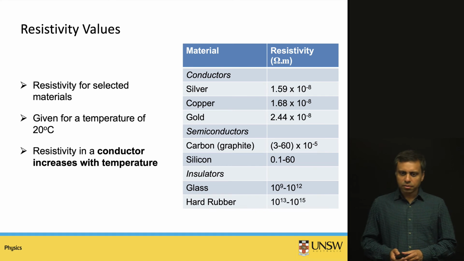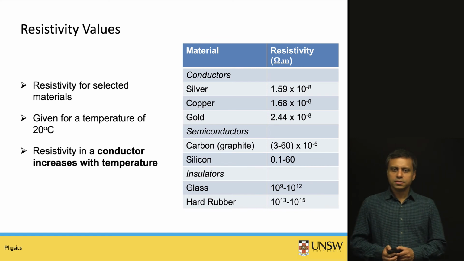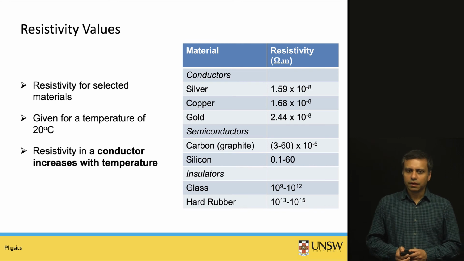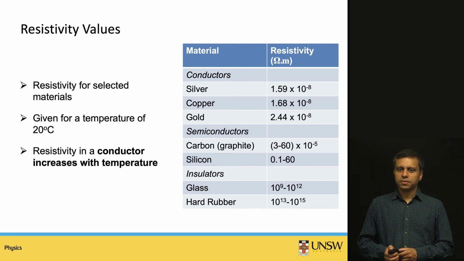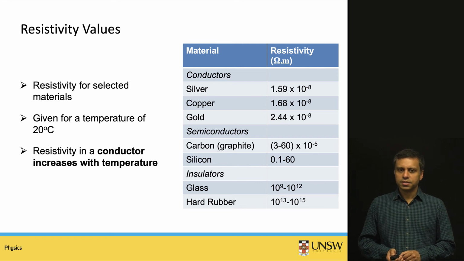It is important to note that resistivity values vary from material to material. The relationship R equals rho L over A holds for most ohmic materials, but the resistivity values may differ from one material to another. This table lists some types of materials and shows their resistivities.